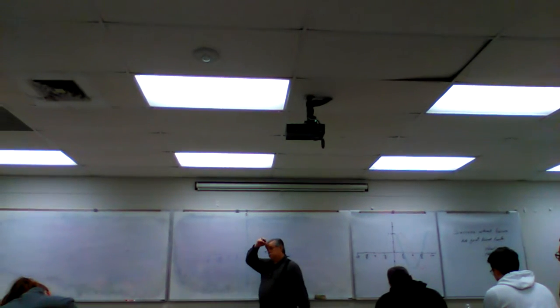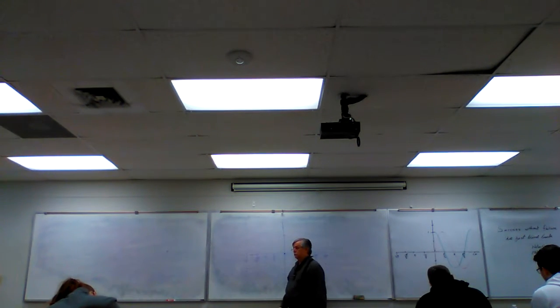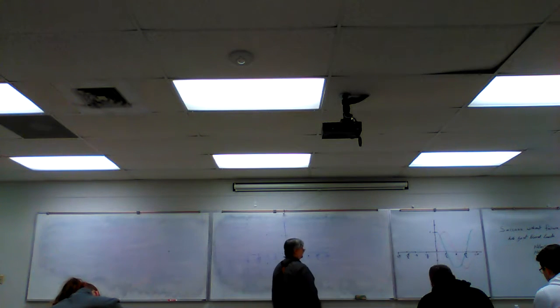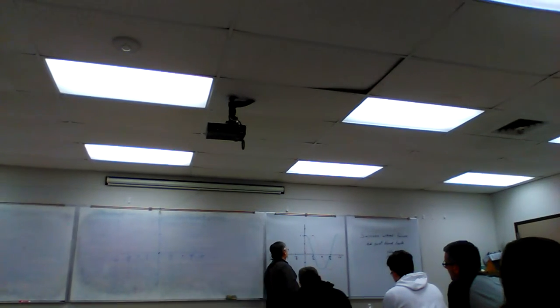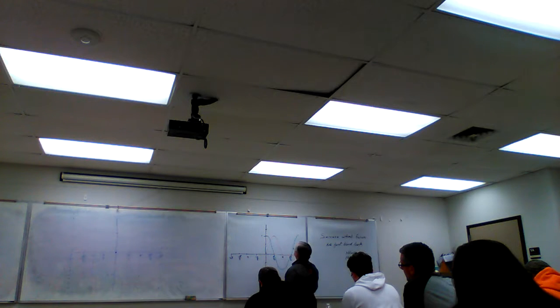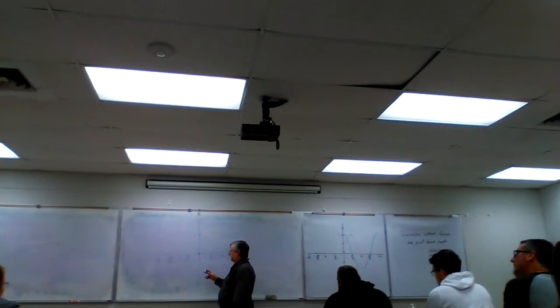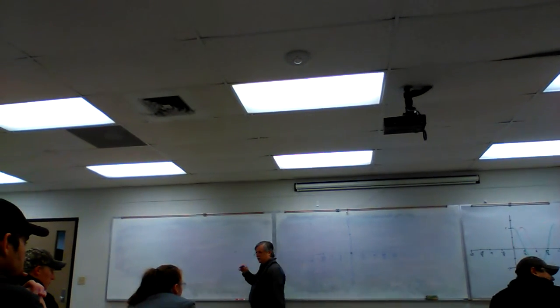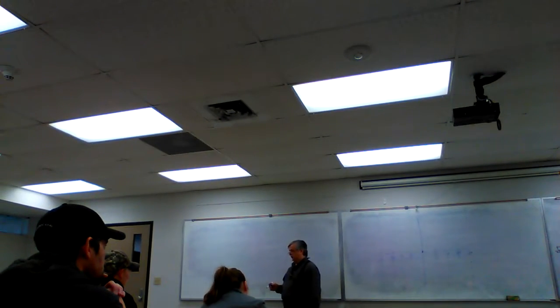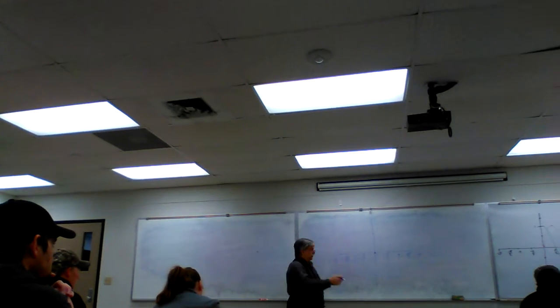What is the value of tangent at pi over 2? We did that backwards, didn't we? Tangent is not cosine divided by sine, it's sine divided by cosine, which means this is all wrong.